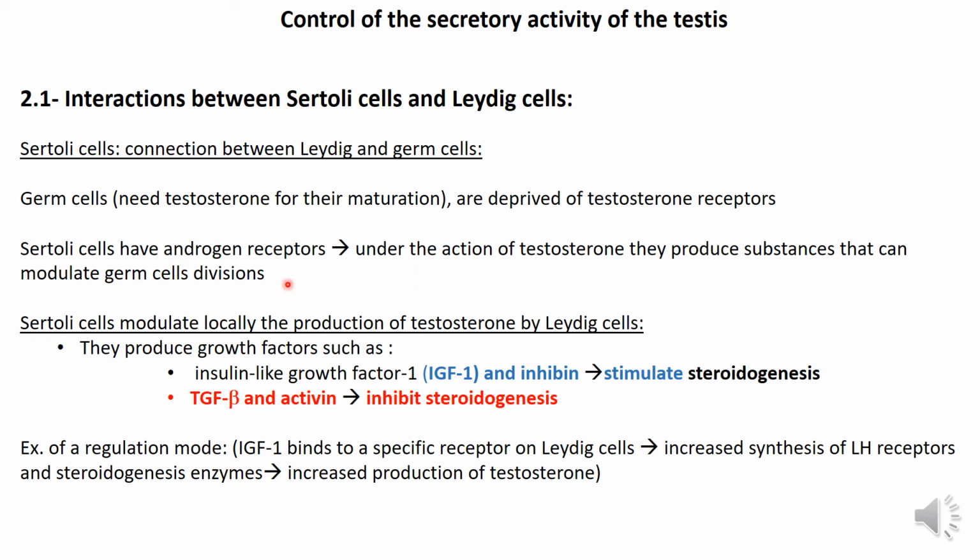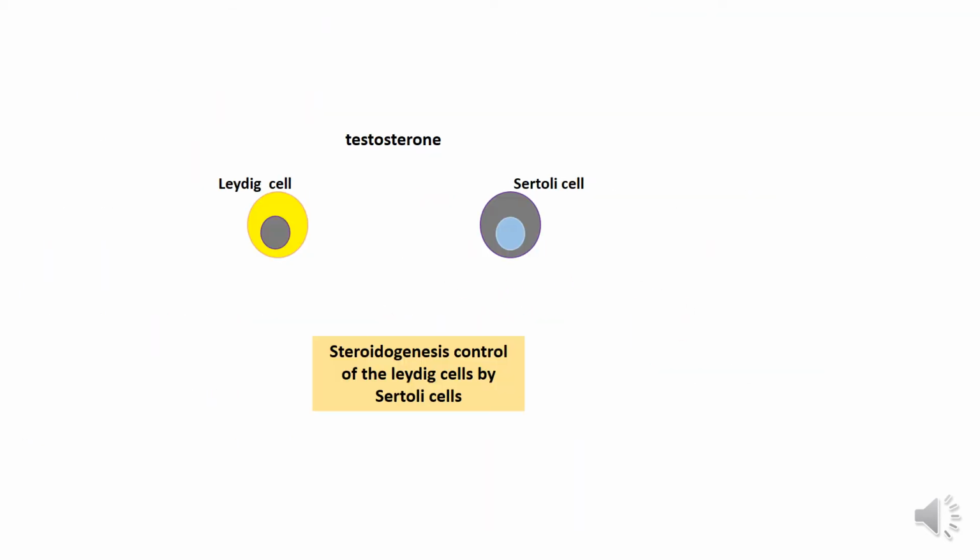But at the same time, those Sertoli cells can themselves modulate the production of testosterone by the Leydig cells. We said that the Leydig cells produce testosterone that can act on the Sertoli cells.